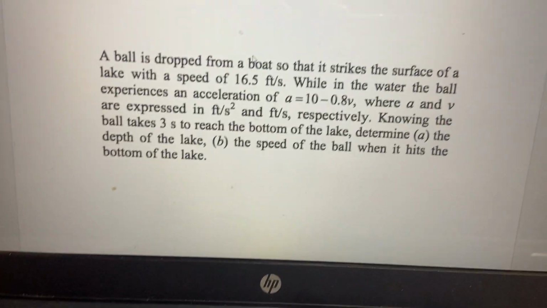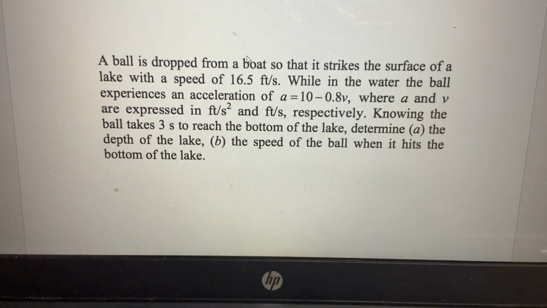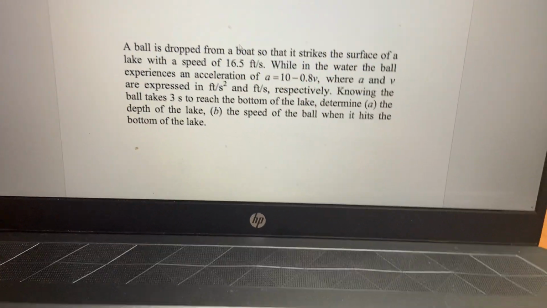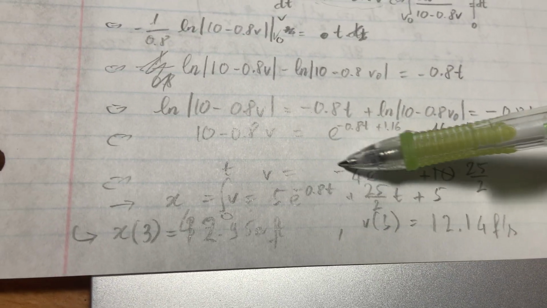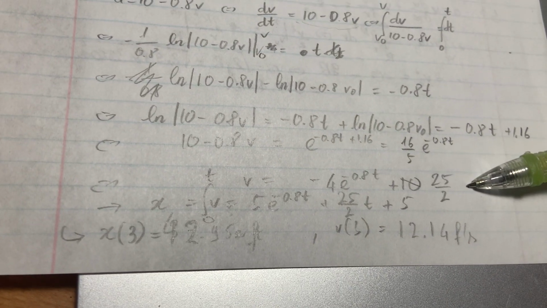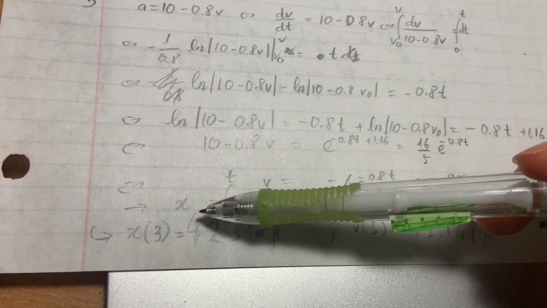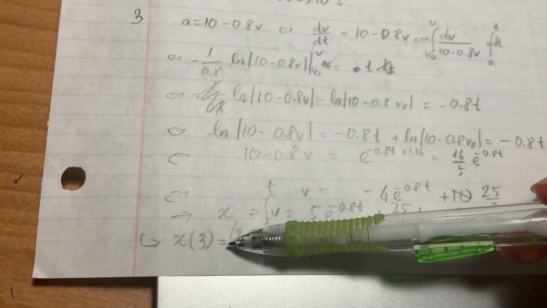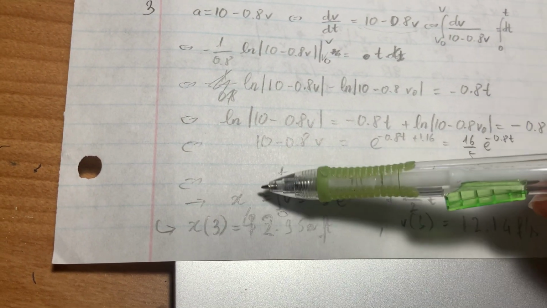Okay, because the problem asked for the depth of the lake, we will have to find the v first. The v first over here with respect to t, and then integrate this one to find the s, and then substitute 3 seconds into the s that we found.